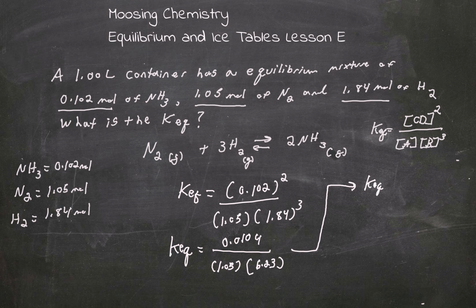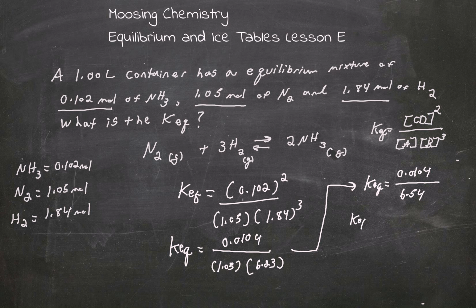So Keq equals 0.0104. Now I need to multiply the bottom by the bottom, and that gives me 6.54.